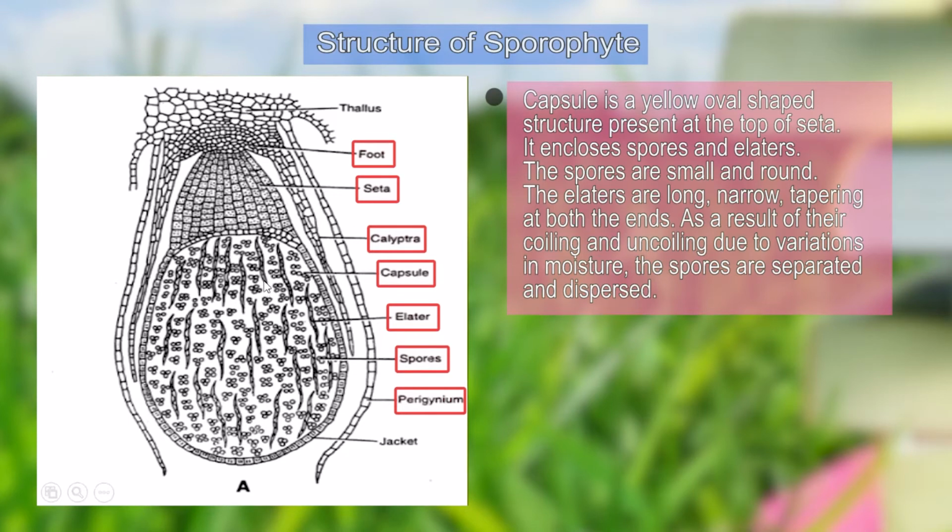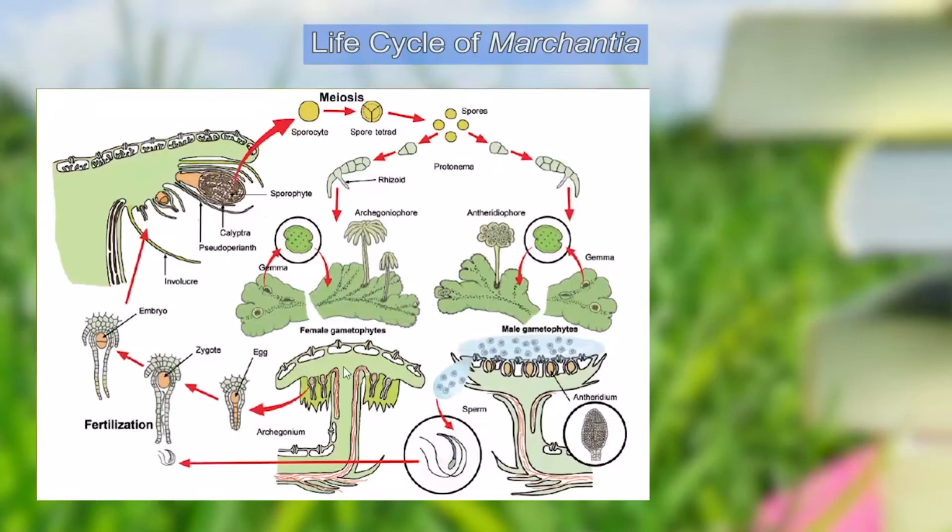As a result of their coiling and uncoiling, or due to variations in moisture, the spores are separated and dispersed from the capsule. So, who helps in the dispersal? It is the elaters.